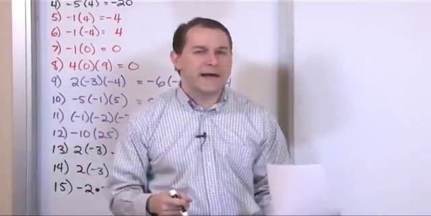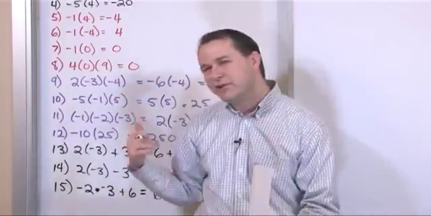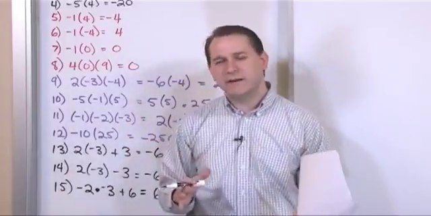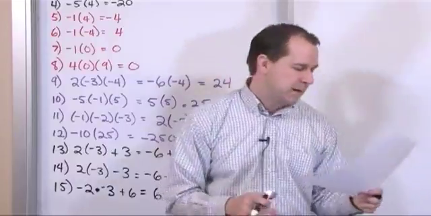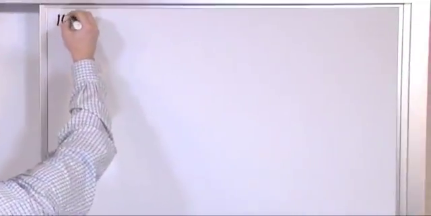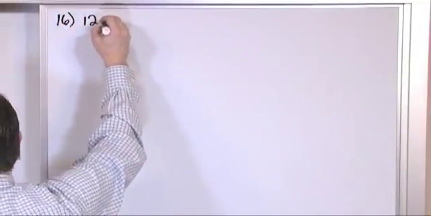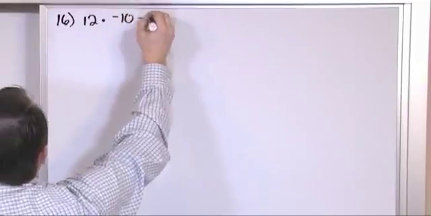We're going to talk more about that in a couple of sections when we learn order of operations, but I'm trying to teach you a little bit of it now because it's good to start learning this now.